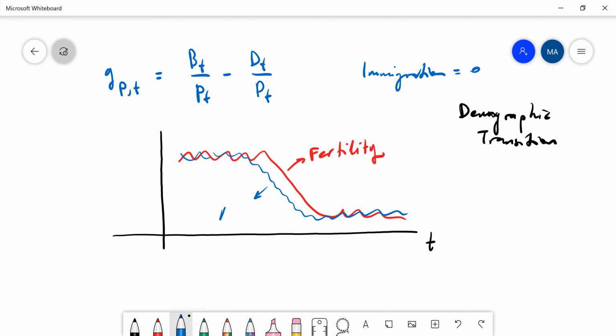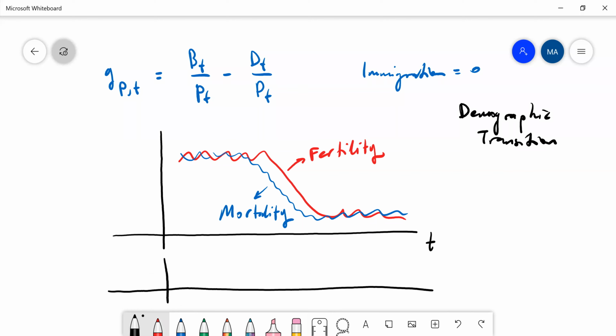And this is your mortality measure. So the difference between them, of course, gives you what? It gives you the population growth rate, okay? And then when a country gets richer, population growth rate has this bell-shaped pattern, okay? So that would be your population growth rate, okay?